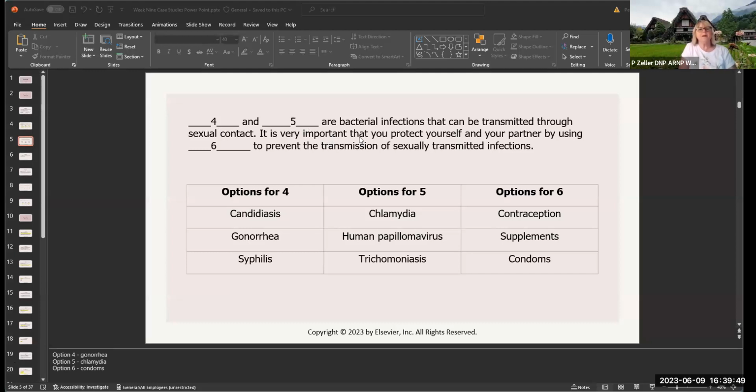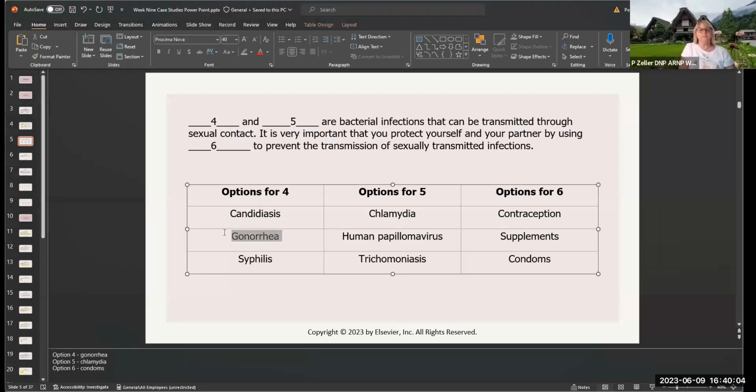4 and 5 are bacterial infections that can be transmitted through sexual contact. So under number 4, which one is a bacterial? Gonorrhea. Yeah, gonorrhea. So now I can do my yellows. Okay.